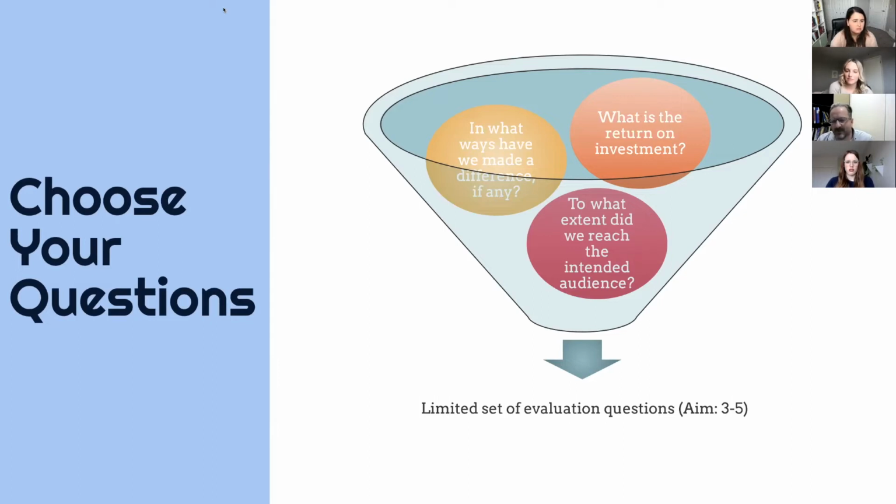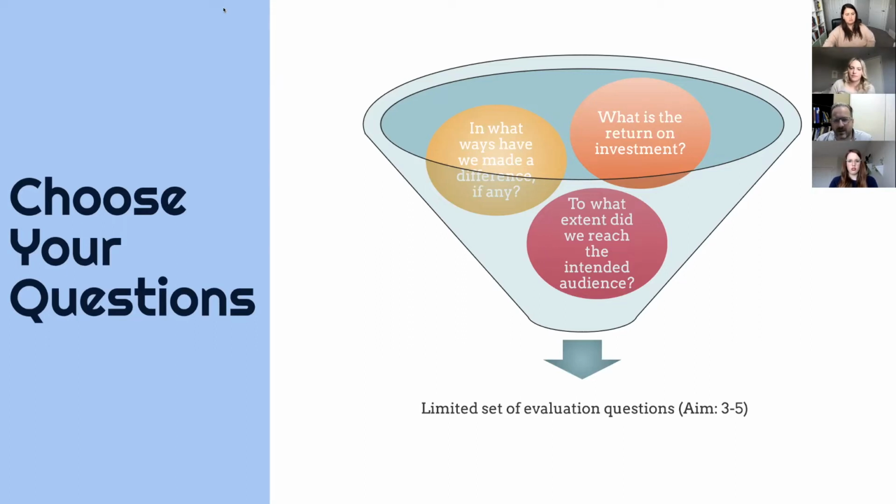And so again, remember, these flow from our purpose statement and are related to our purpose statement. As Janae mentioned, key things you want to think of in terms of creating these evaluation questions: you want them broad enough that they're going to be able to generate interesting information, but also specific enough that they actually address the purpose of the evaluation, and so that you can actually answer them.